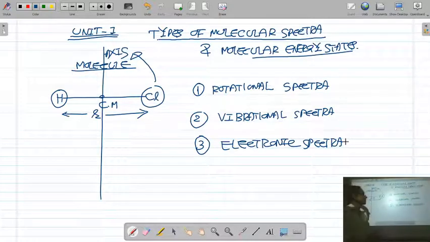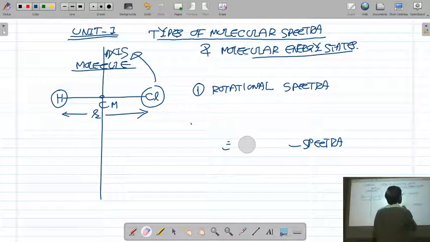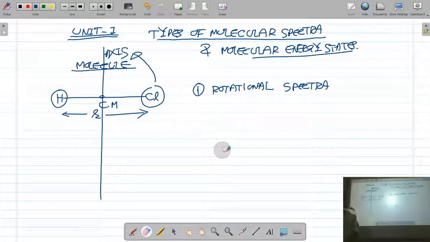So today we will focus on rotational spectra. Due to the rotational motion of the molecule, the rotational energy level of the molecule is going to change. As a result, we will get rotational spectra.